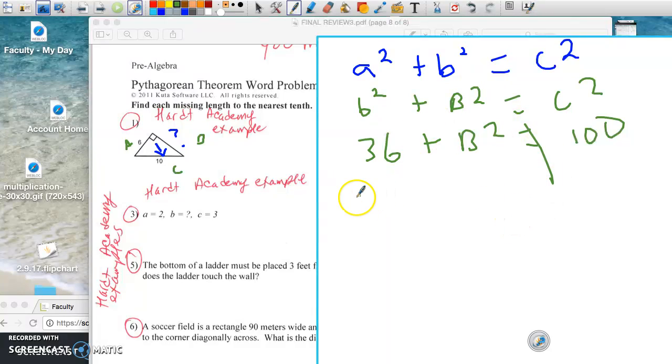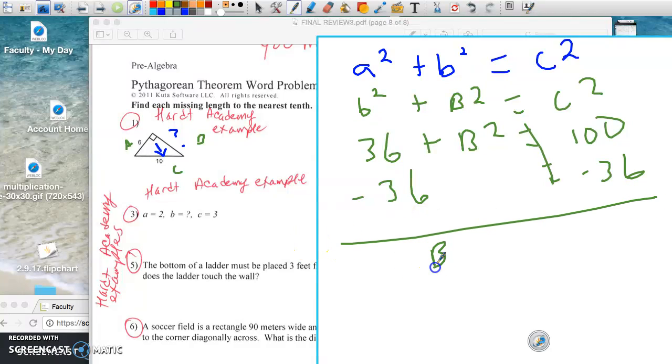You're going to subtract 36 from both sides. So b squared equals 64. And then we take the square root.